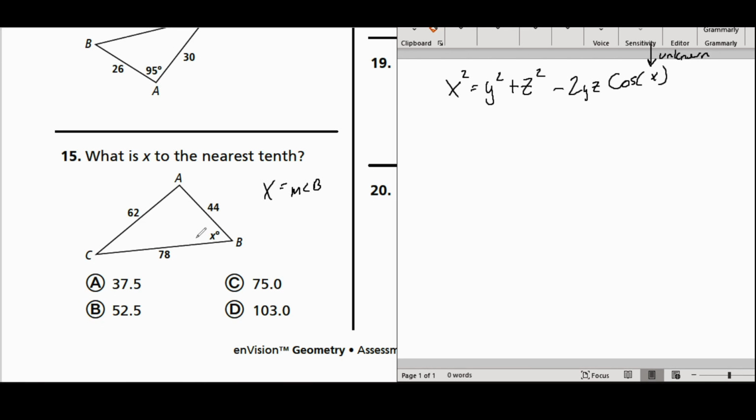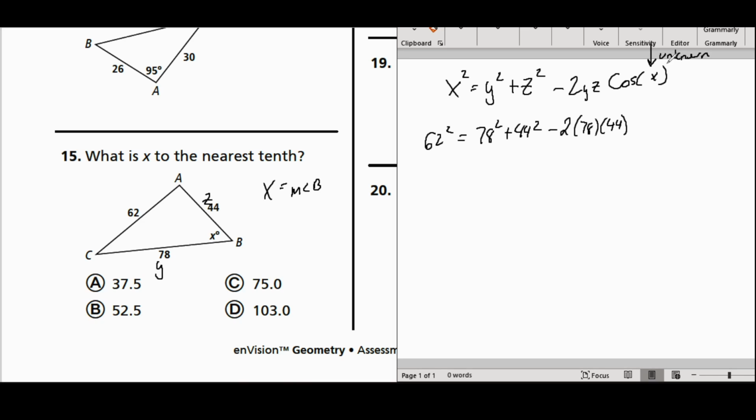Side x is opposite of the angle marked x, so that's going to be 62 squared is equal to, and I can pick either 78 or 44. I'm just going to do y here and z here. It's going to give me 78 squared plus 44 squared minus, and I'm going to put it in the same order, 2 times 78 times 44.